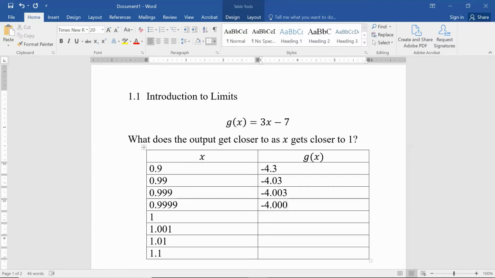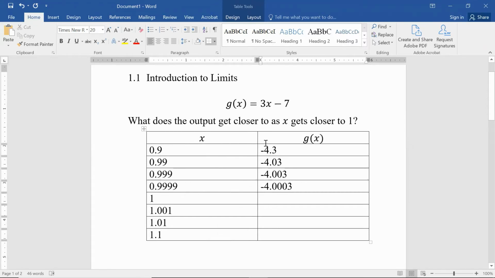The nice thing about doing this on a computer is that you can insert another line to a table anytime you want. So as the x value gets closer and closer to 1, we look at the outputs and see what values they are getting closer to.